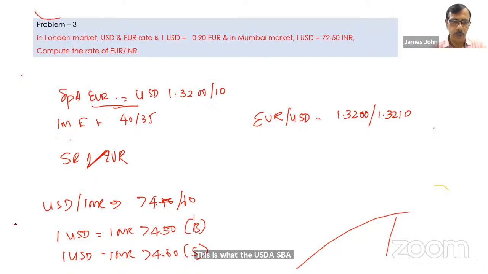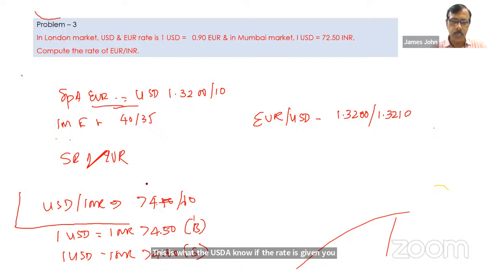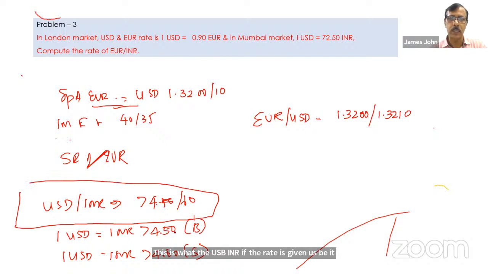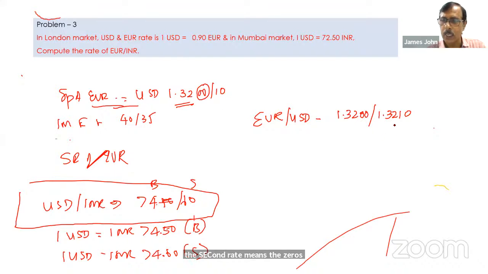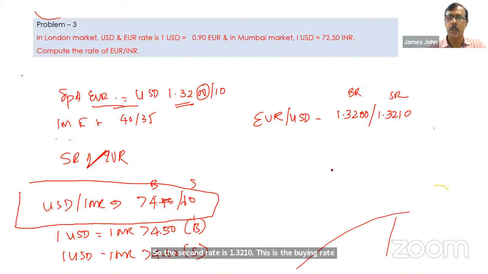The first is the buying rate and the second is the selling rate. Here 1.3200 and 10 means the buying rate is 1.3200, and the second rate, with 00 replaced by 10, is 1.3210, the selling rate.